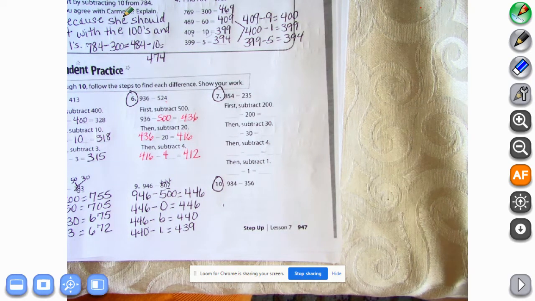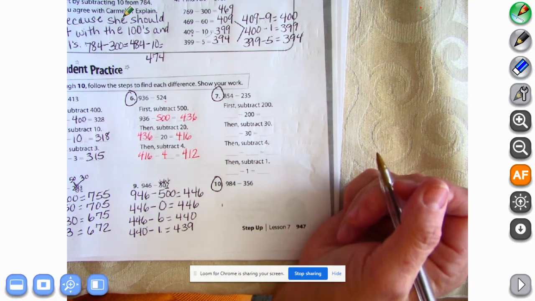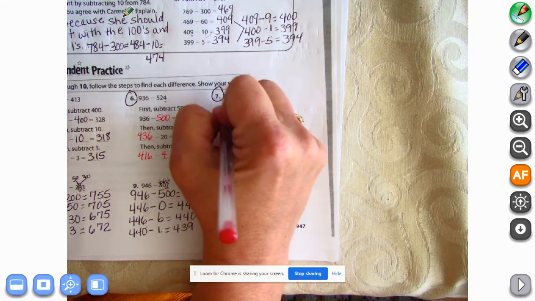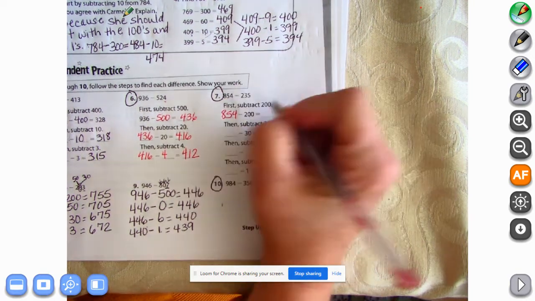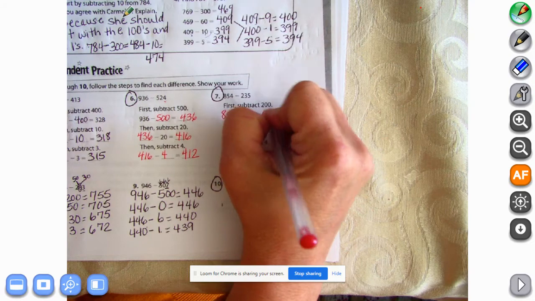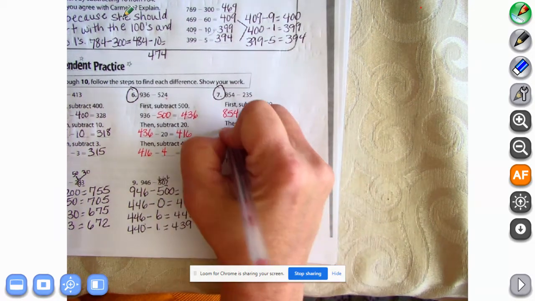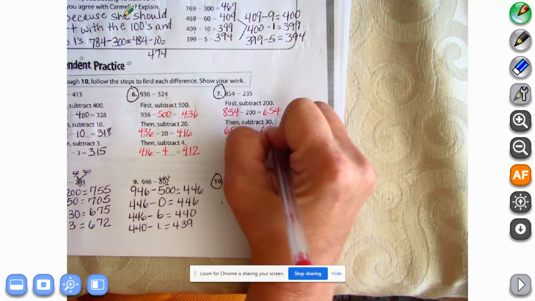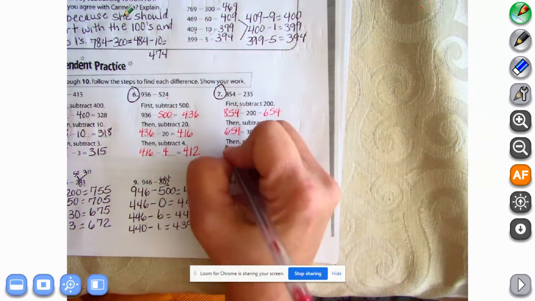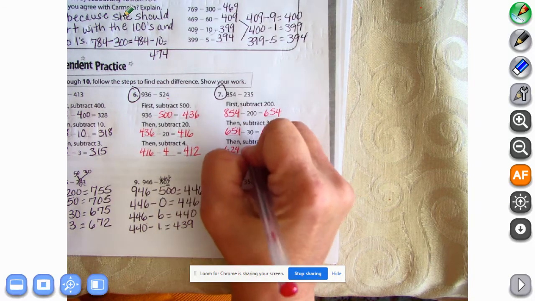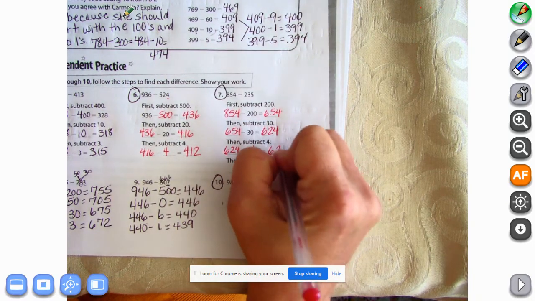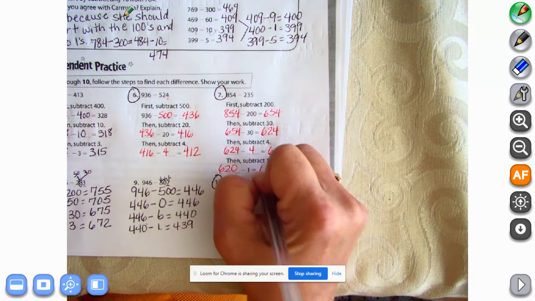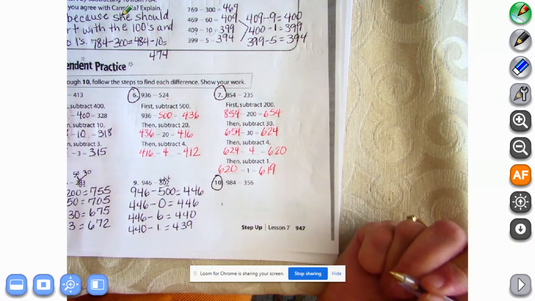All right, number 7, 854 minus 235. First, subtract 200. So we need to put in our big number first. Subtracting 200, that's going to leave us with 654. 654 minus 30 would leave us 624. 624 minus 4 would leave us with 620. 620 minus 1 would be 619.